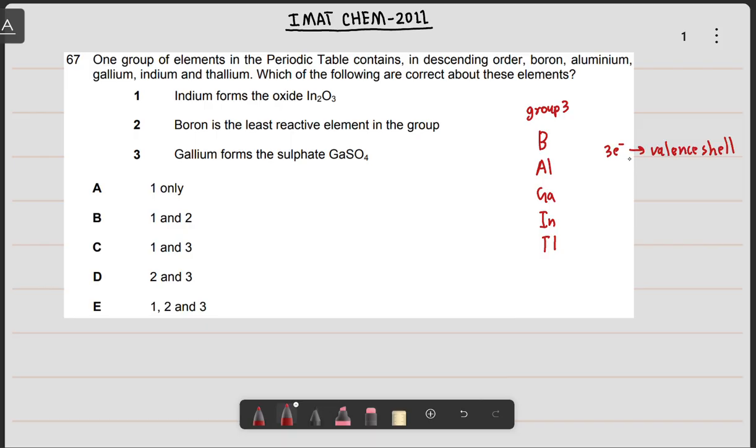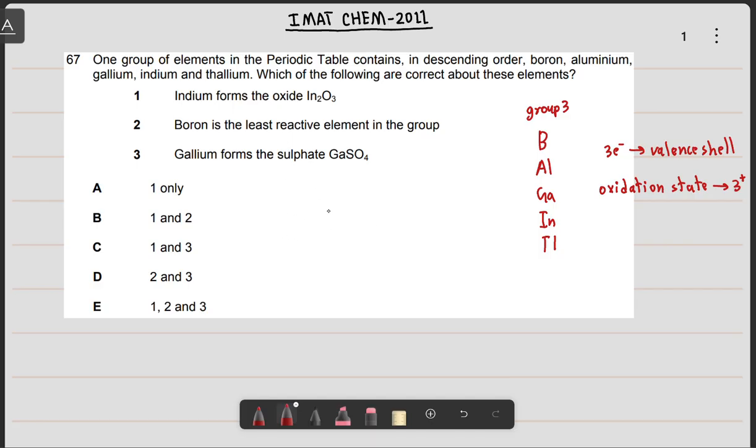So its oxidation state most commonly forms 3+ as it loses electrons. So its oxidation state mostly forms 3+.